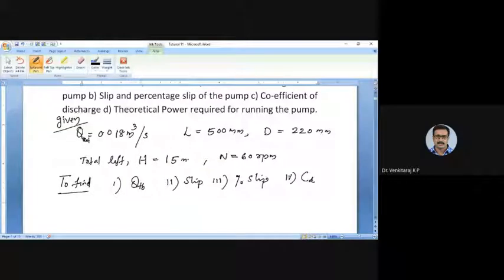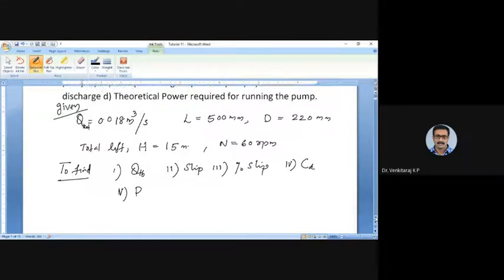And finally we will evaluate the power requirement of the pump. And these are the quantities to be determined.